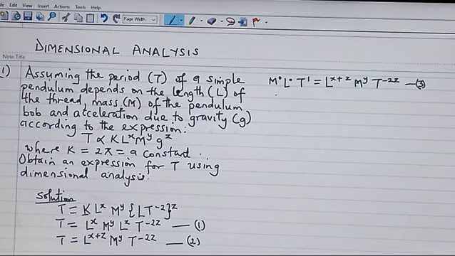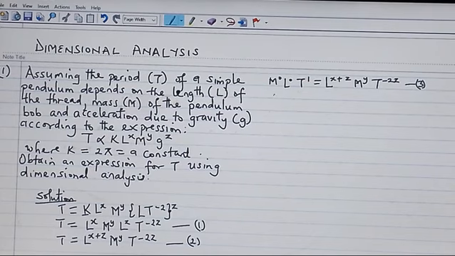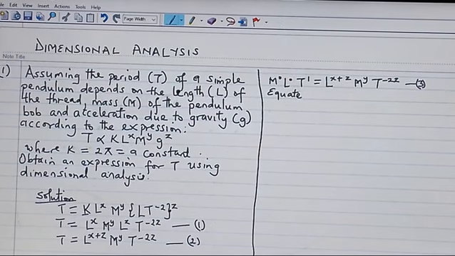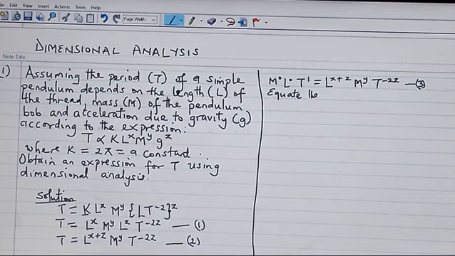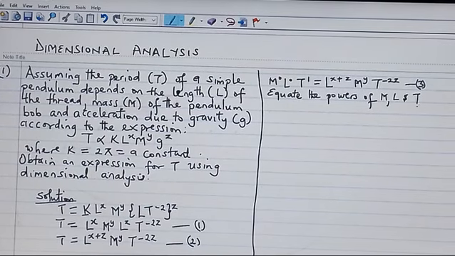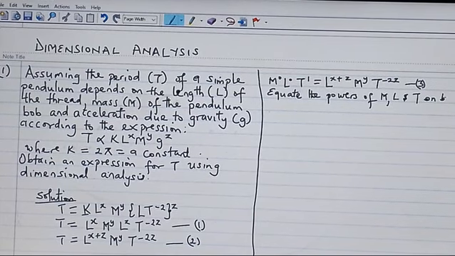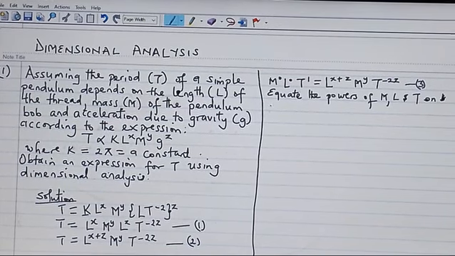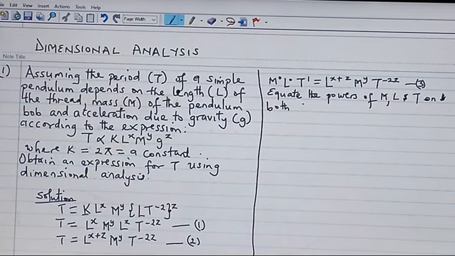Now, the next step is to equate the powers of M, L, and T on both sides of equation 3.